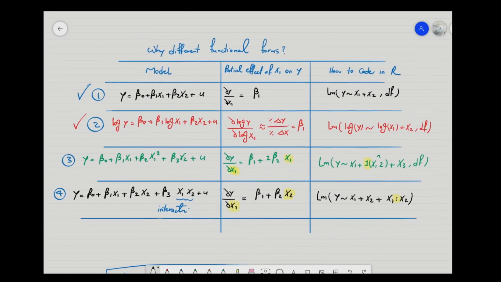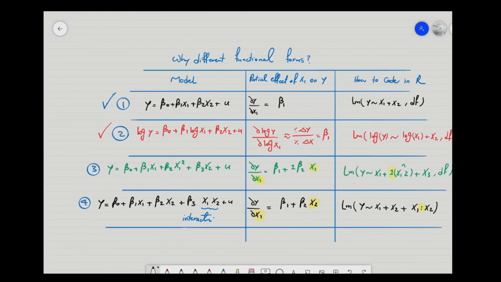So let's quickly go back to this cheat sheet and review what we said by looking at the partial effect of x1 on y. So if you believe that the partial effect of x1, let's say education, on y, let's say wage, is constant, is fixed, we use model number 1.